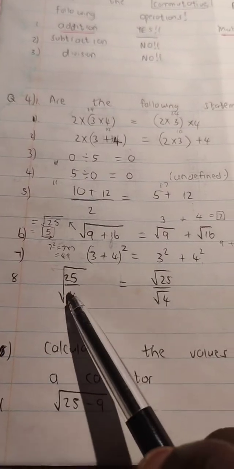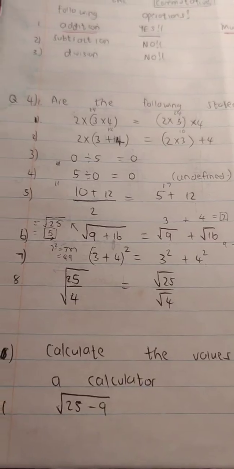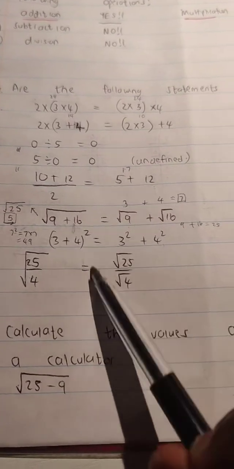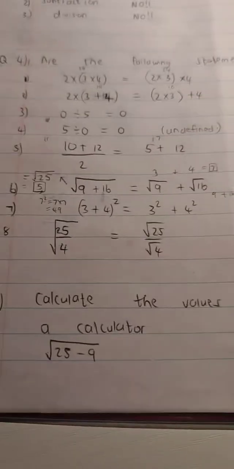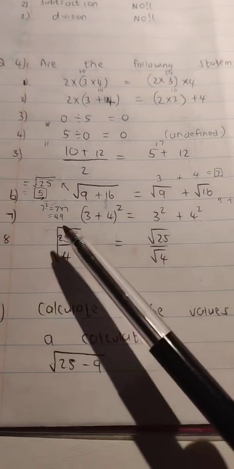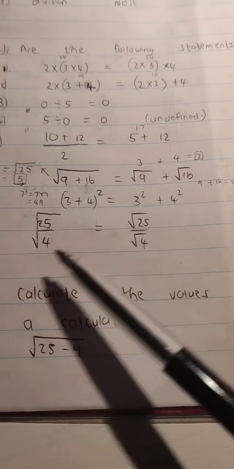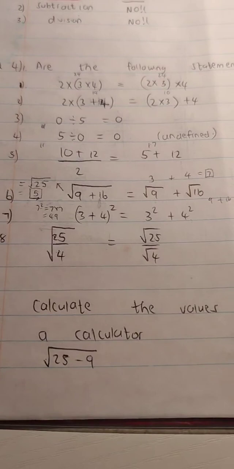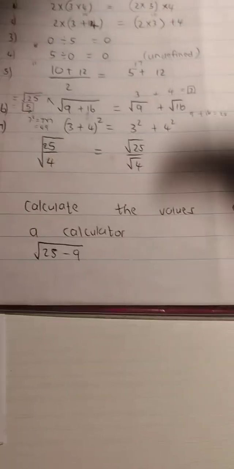But we can split the root for division and we can split the root for multiplication, and we can definitely expect our answer to be the same. So this is true. Very good, guys. We get 5 over 2 from the left. We also get 5 over 2 on the right. Okay. So that's 100% correct.